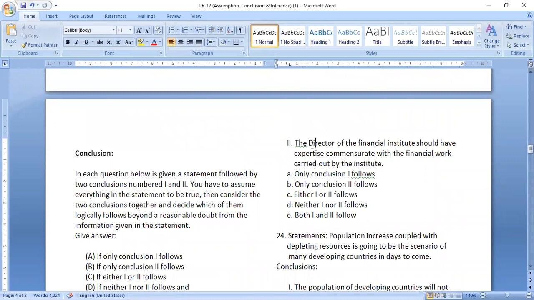Let's see. The director of the financial institute should have expertise commensurate with the financial work carried out in the institute.